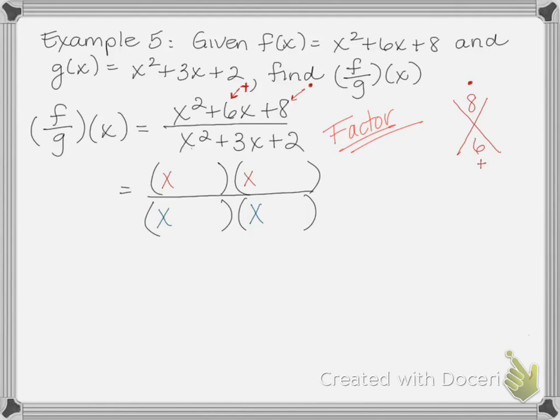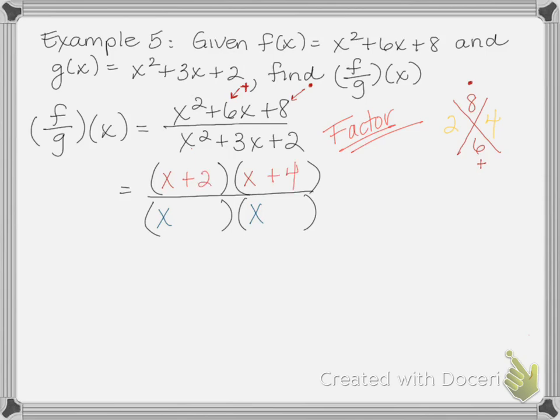So I'm writing those two numbers from the numerator, okay? What we call the C value and the B value. So as you think about those two numbers, you are probably saying, oh, I know, my answers are 2 and 4. So you're going to take those two answers and put them in your parentheses, a positive 2 and a positive 4.